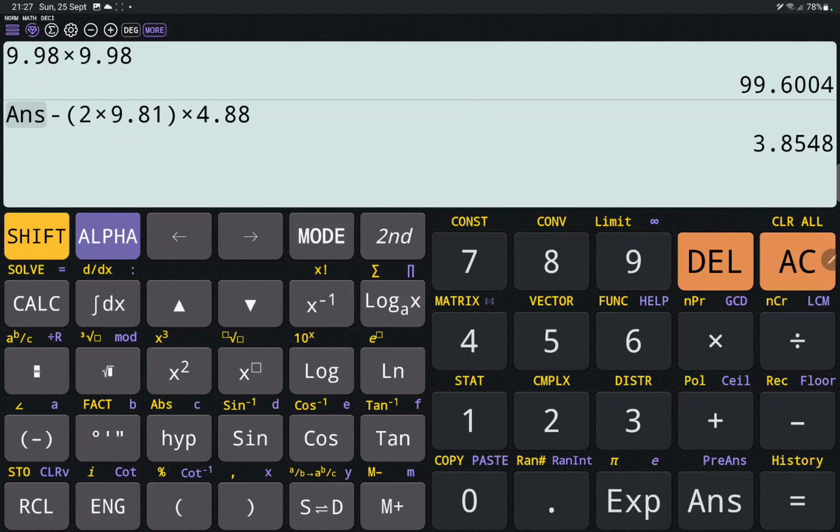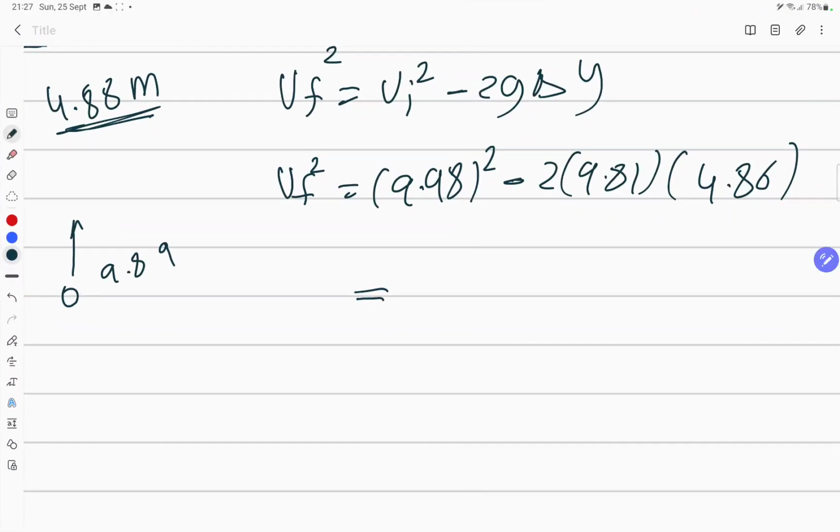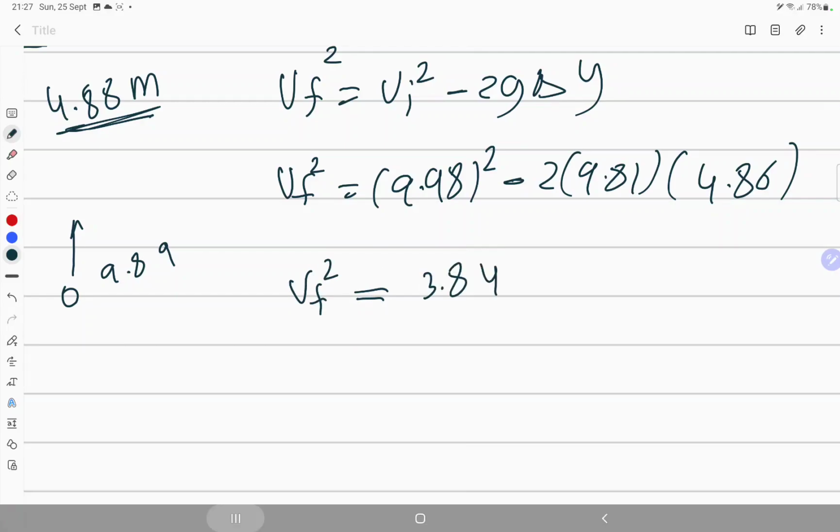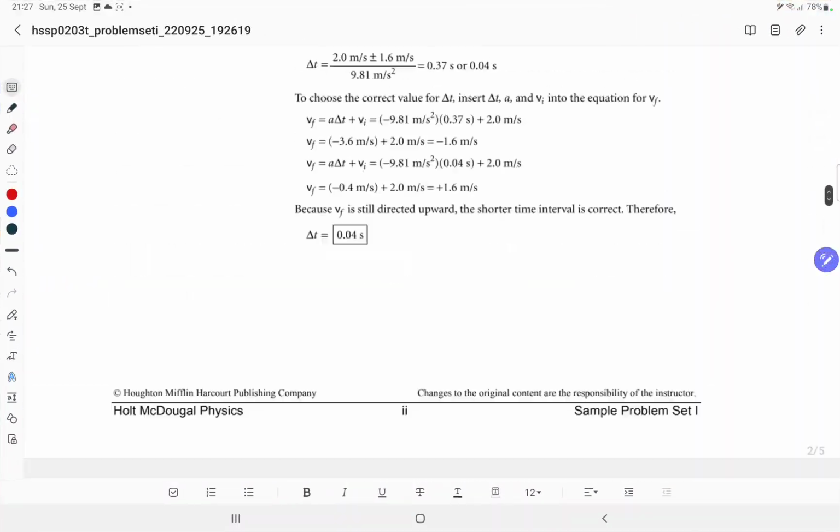Okay, so 3.85. I'm not sure yet if it's logical, but okay, let's say v final square is equal to 3.84. Okay, fine, this is v square, but let's check.